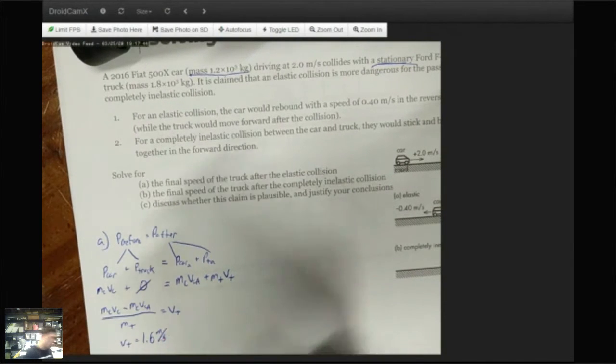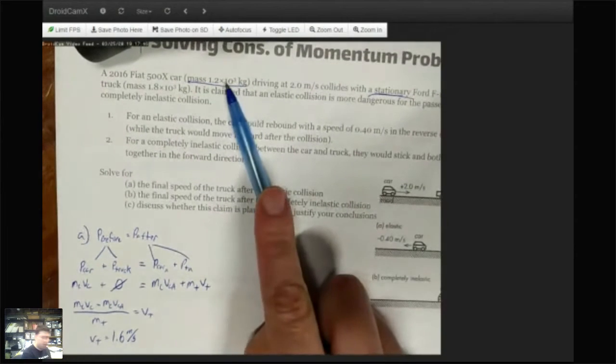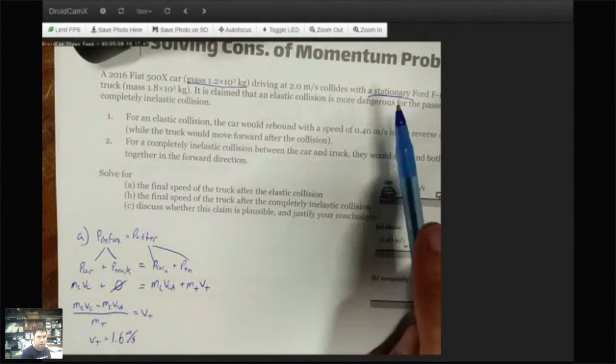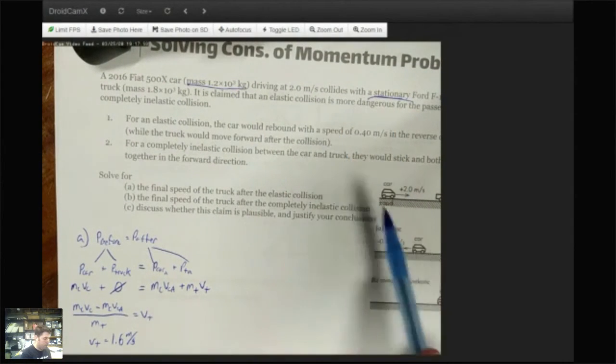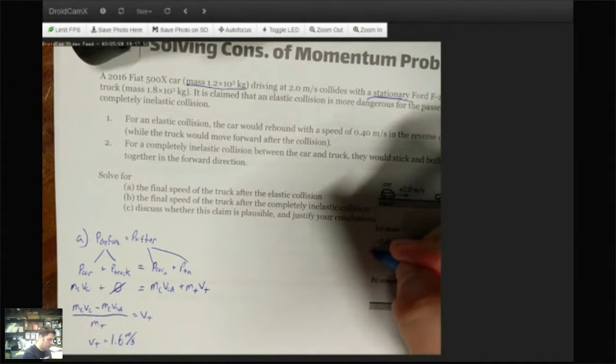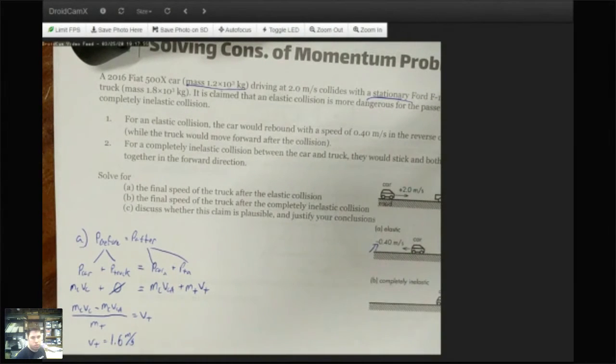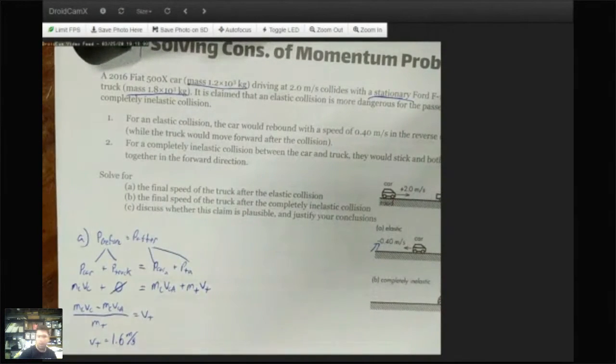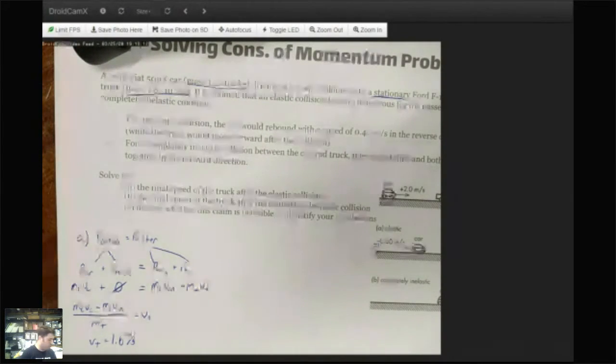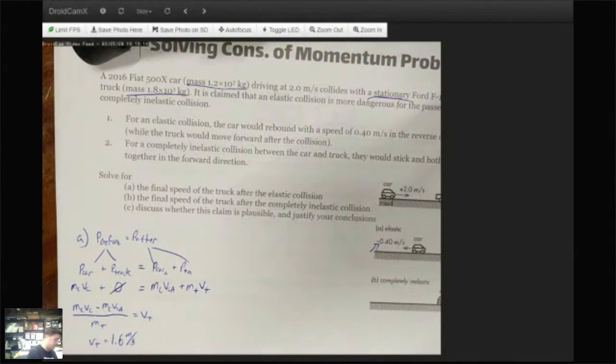So we take the mass of the car, velocity beforehand, velocity afterwards, with that negative sign because we're doing two different directions, and the mass of the truck, and then smash it all together, we end up with that 1.6 meters per second as our velocity. And that's part A. So in this case, the truck gets a nice bump and starts moving decently fast.